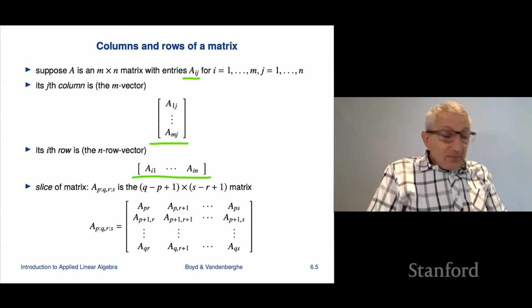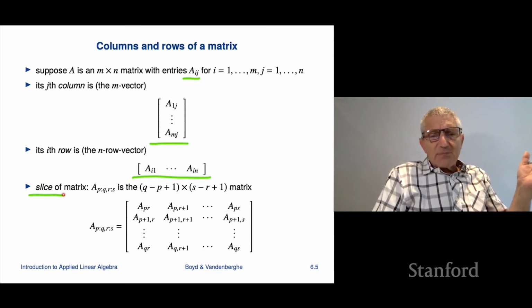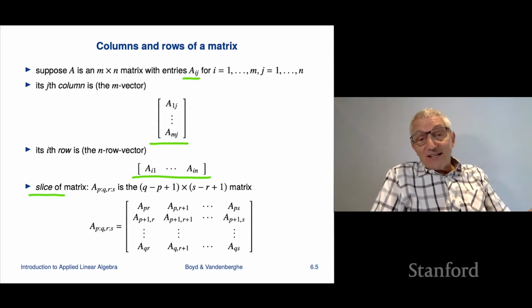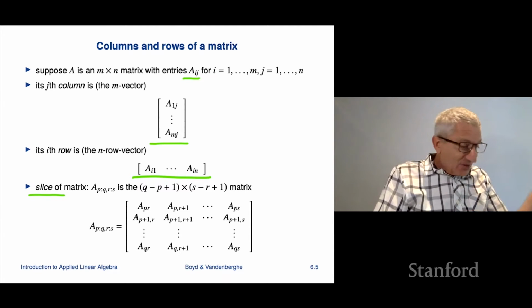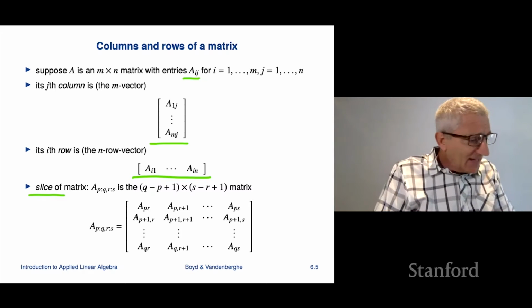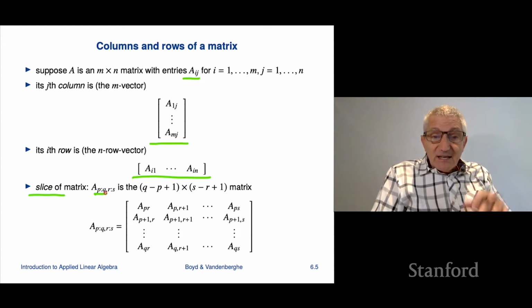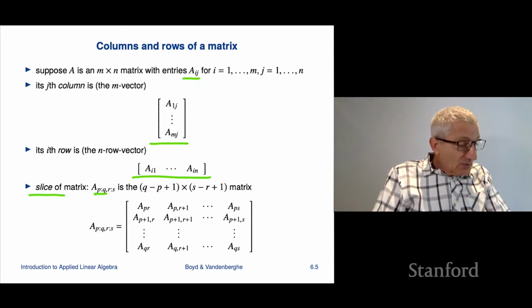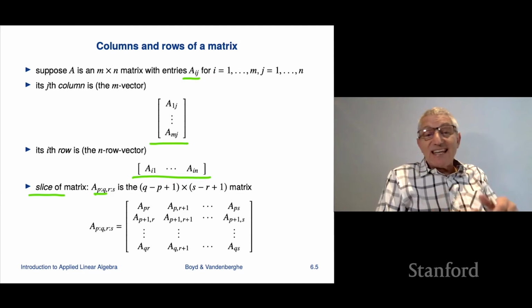Now another concept that comes up is a slice. And that's actually one of these concepts that originated in computer languages and then made its way back into mathematics. And that's fine because they kind of go back and forth like that. So here, the colon notation p:q means the integers p, p plus 1, p plus 2, dot dot dot, up to q. So it's an index range.